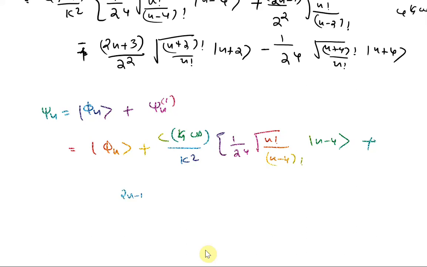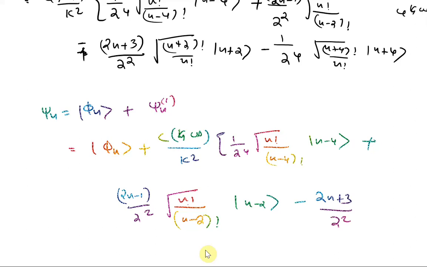Two n minus 1 divided by 2 raised to 2 root n factorial divided by n minus 2 factorial into, I haven't written the state there, that is n minus 2, plus or minus 2n plus 3 divided by 2 square root n plus 2 factorial divided by n factorial, and the n plus 2 state.